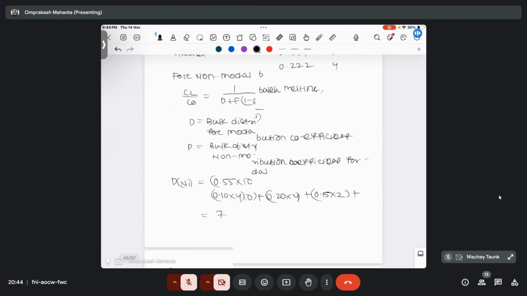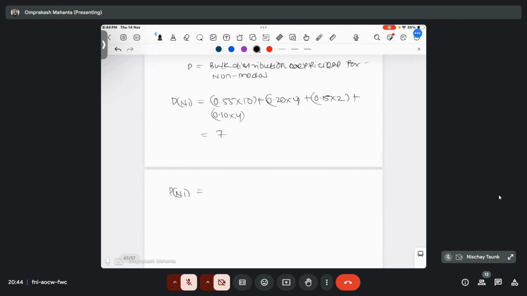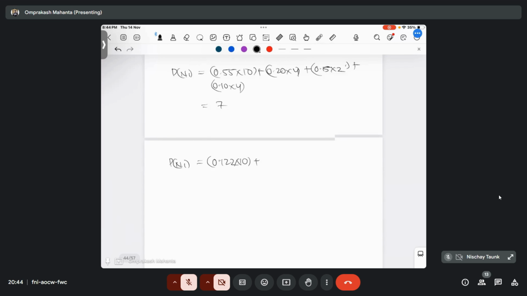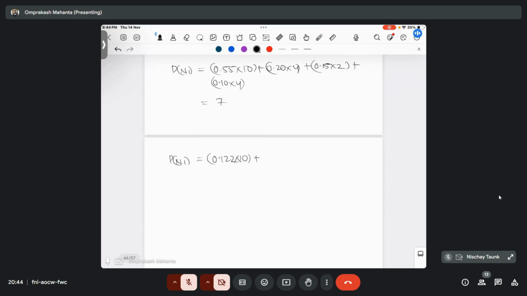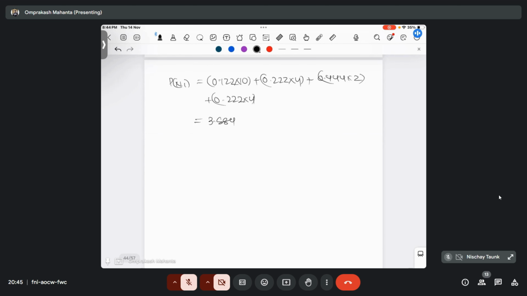We multiply the weight proportion of mineral in melt with the Kd values: 0.122 into 10 plus 0.222 into 4 plus 0.444 into 2 plus 0.222 into 4. So it will come around 3.884.